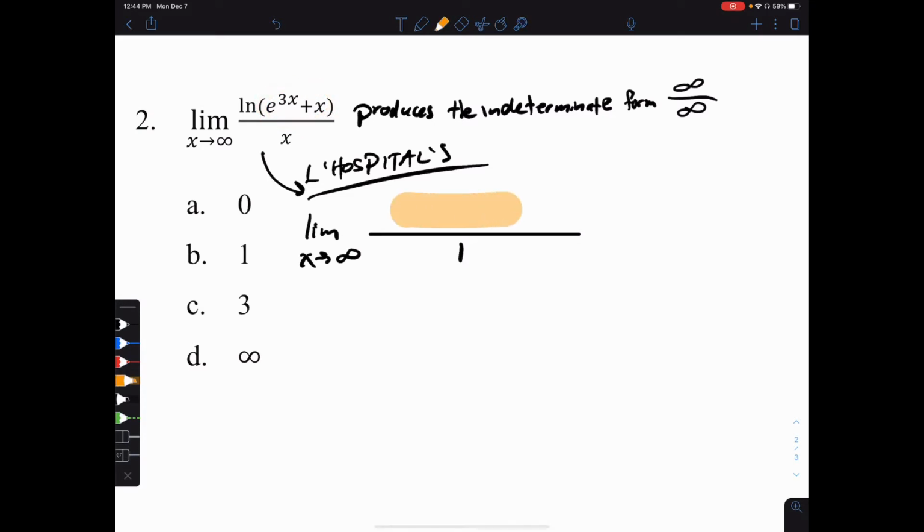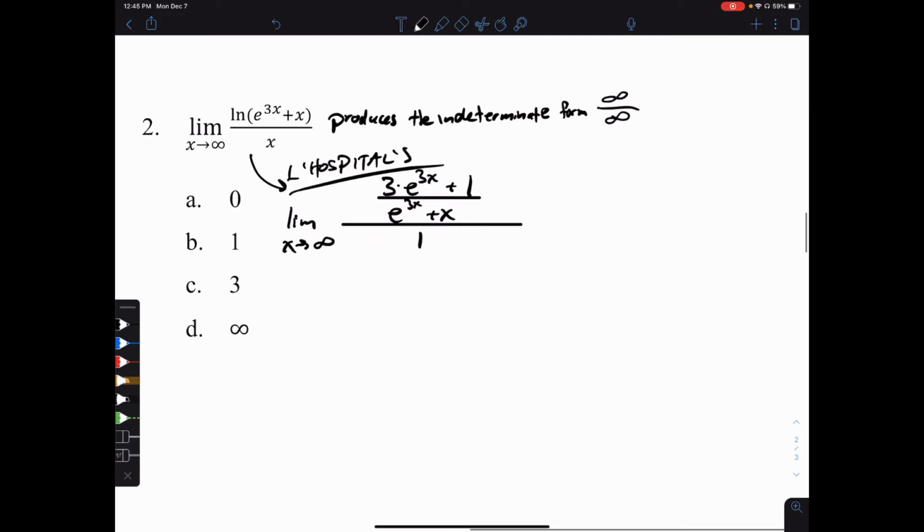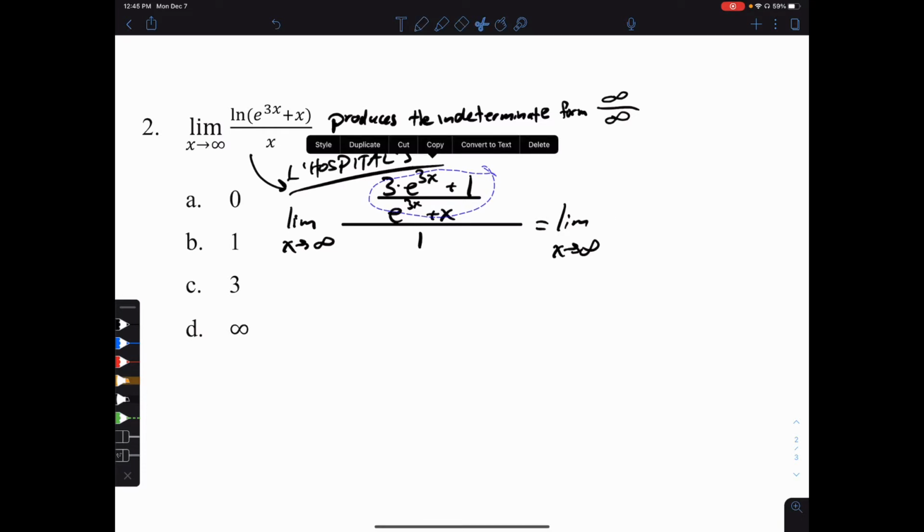So the original argument is going to be e to the 3x plus x. The derivative of this argument is going to be e to the 3x times the derivative of this, so that's going to be 3e to the 3x, and the derivative of x is 1. This, of course, is going to be equivalent, since we're dividing this by 1, to just this here.